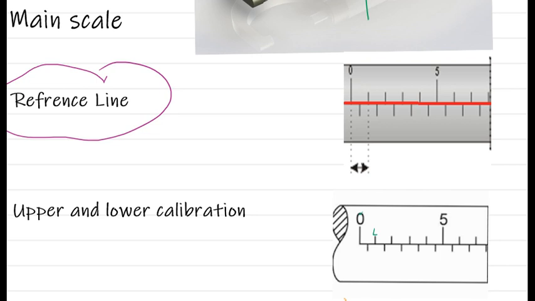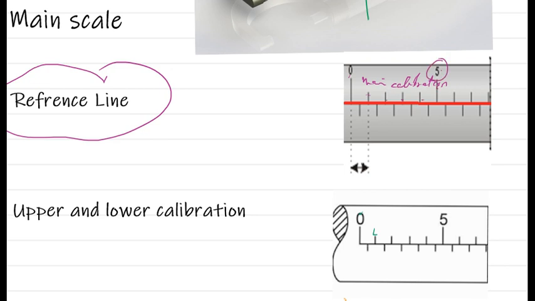That is called the main calibration. How will you know these are the main calibrations? When you have the proper numbers, say 0, then here the number is not mentioned, no problem, you can count 1, 2, 3, 4, 5.